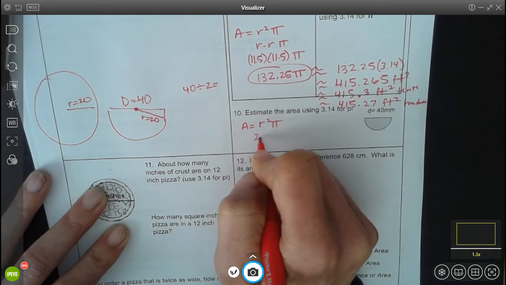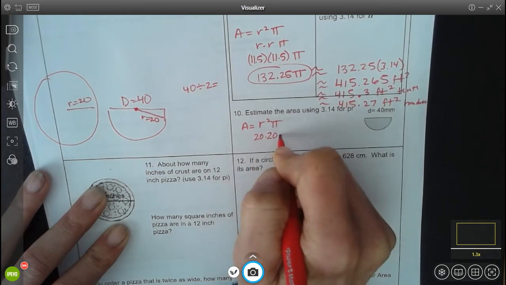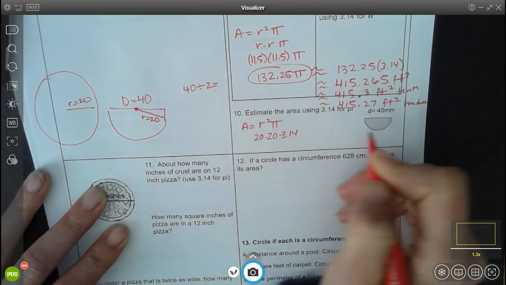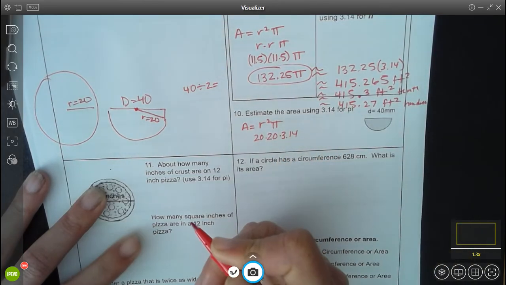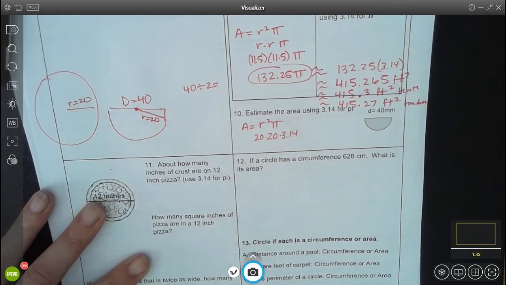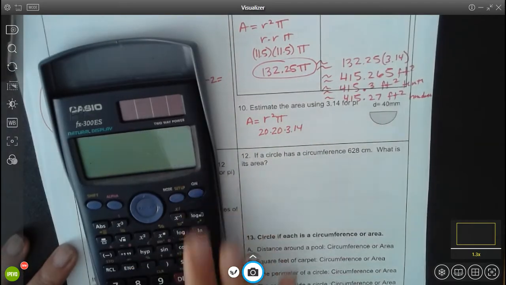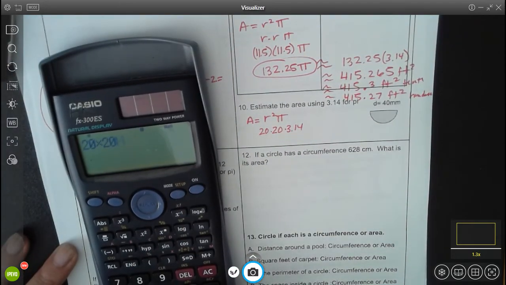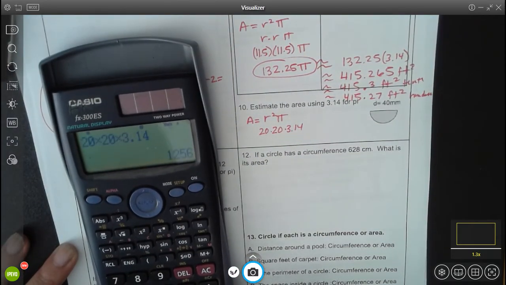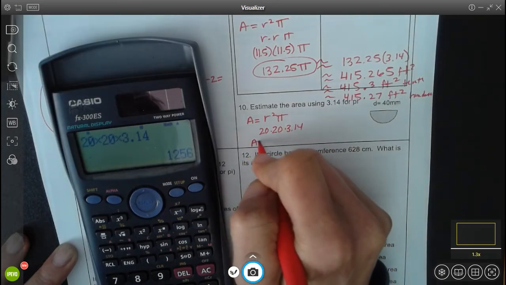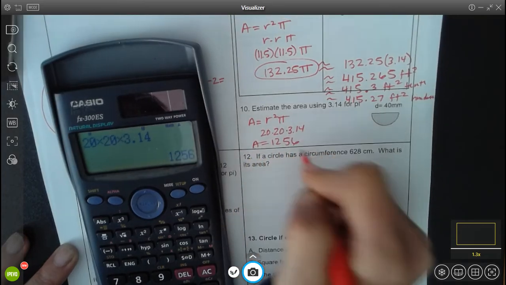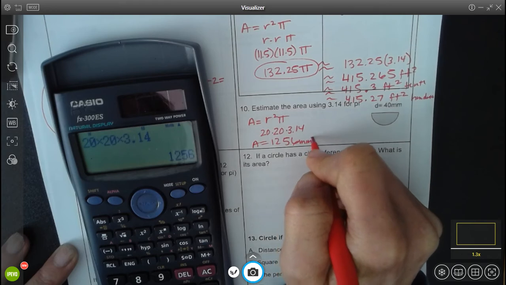So this would be 20 times 20 times 3.14. It said to use 3.14 for pi. So I'm going to multiply that out and let's see what I get. 400 times 3.14 gives me 1256 millimeters squared.